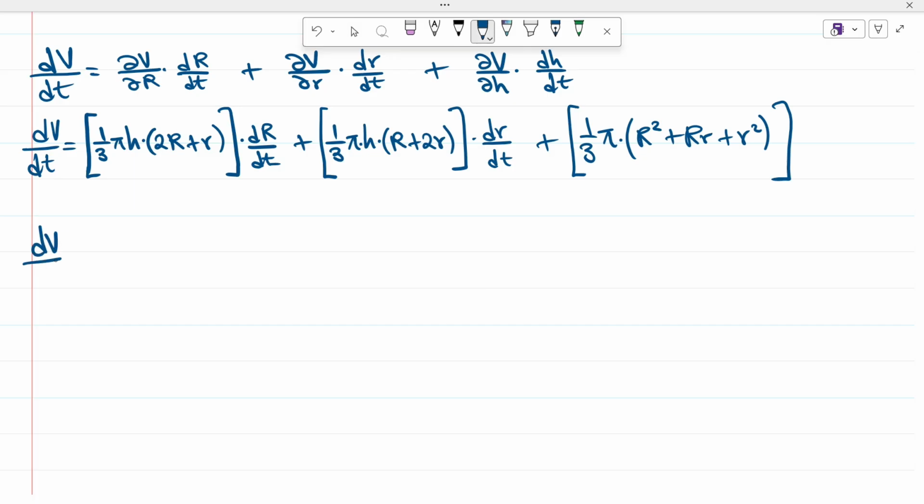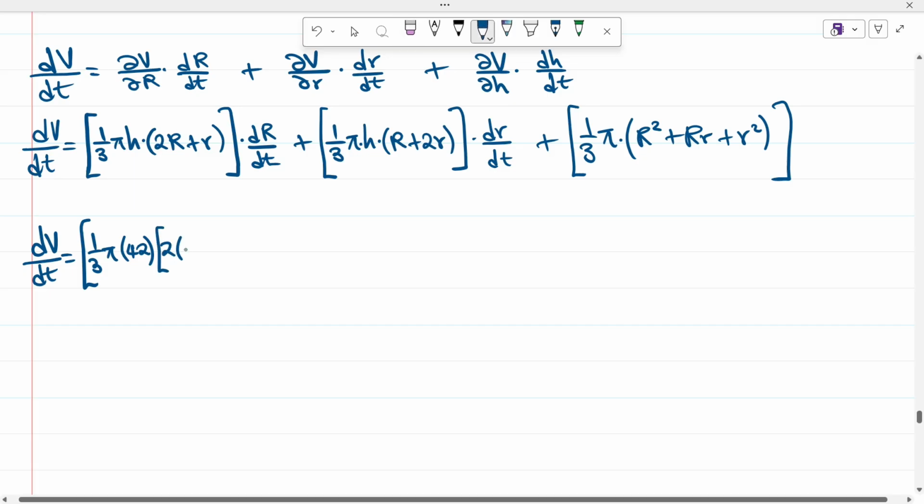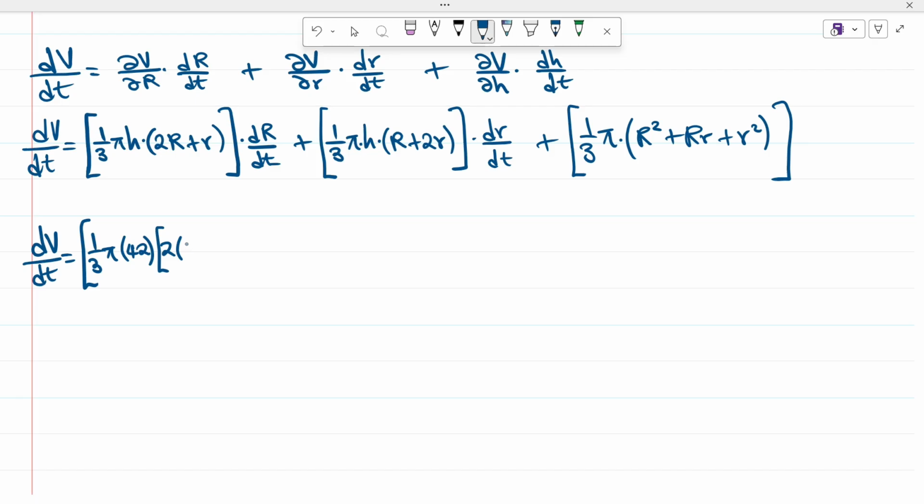The rate at which volume changes with time is then going to be equivalent to 1 over 3 pi times h, that we were told is equivalent to 42, multiplied by 2 into, we were also told that our R is equivalent to 35 plus small r, which is equivalent to 22.